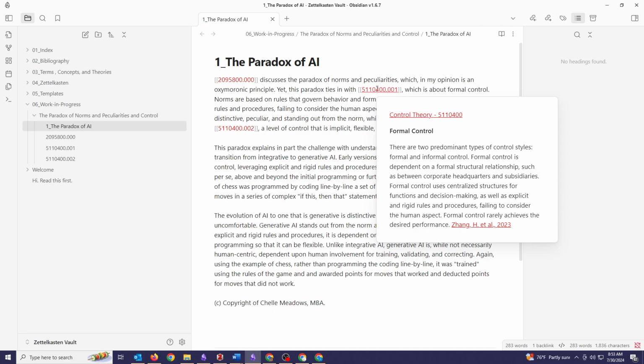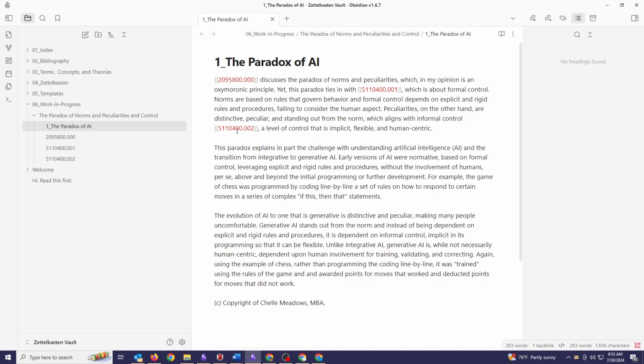Formal control is structured control. It's rules, it's procedures, it's a more rigid sense of control that doesn't always take into account the human-centric approach. And contrasted to that is informal control.